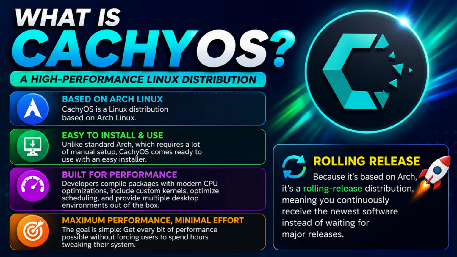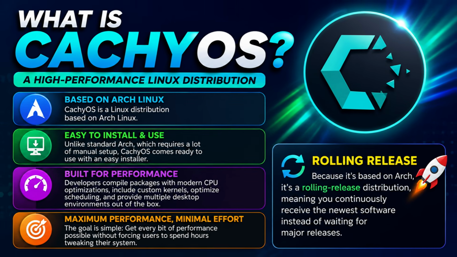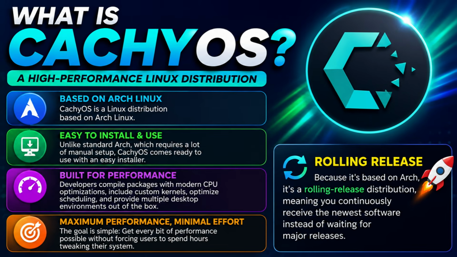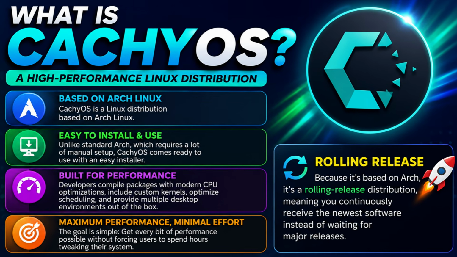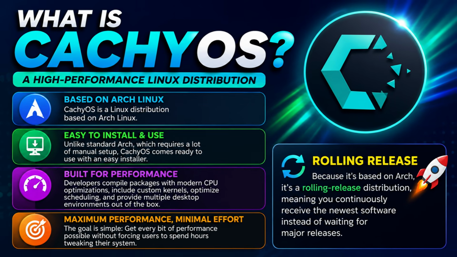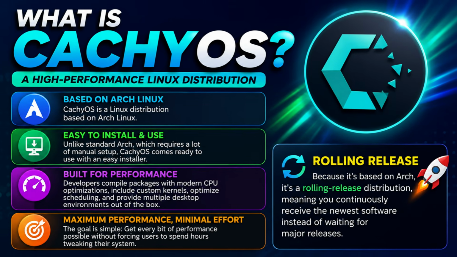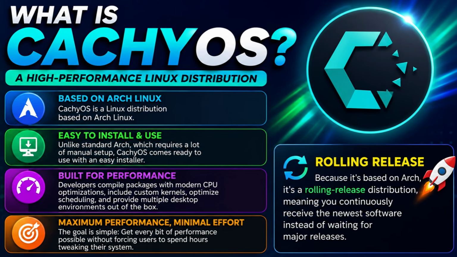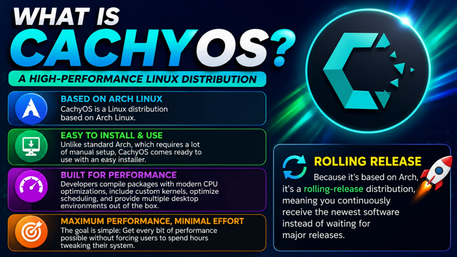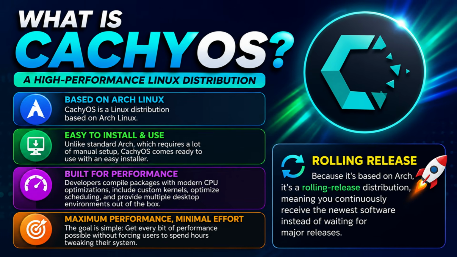Now, what is CachyOS? CachyOS is a Linux distribution based on Arch Linux. Unlike standard Arch, which requires a lot of manual setup, CachyOS comes ready to use with an easy installer and many performance optimizations already enabled.